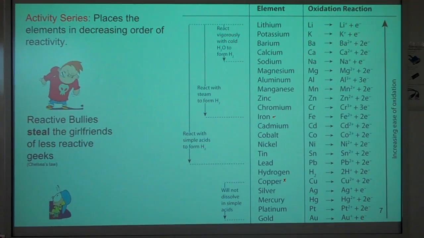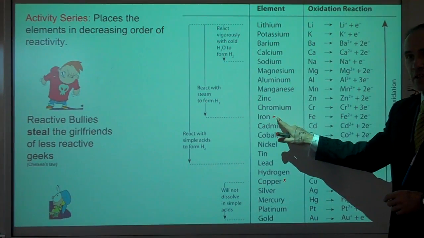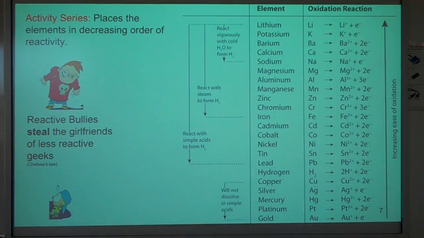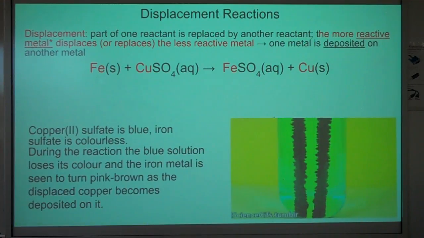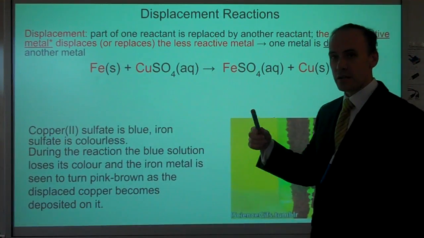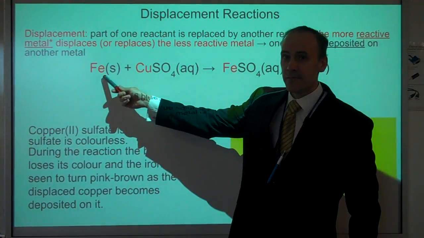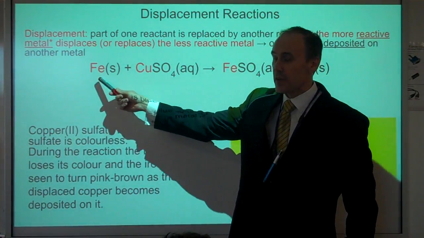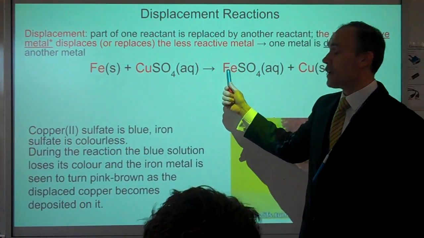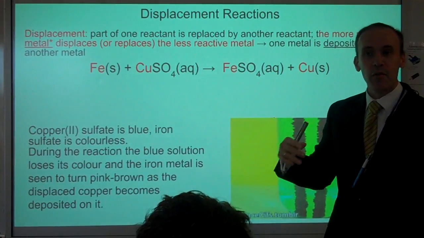If you think iron is most reactive, put up your right hand. If you think copper, put up your left hand. And you're right, iron is most reactive. So in that reaction, which one is most reactive? Iron. Iron is more reactive than copper, so iron displaces the copper.